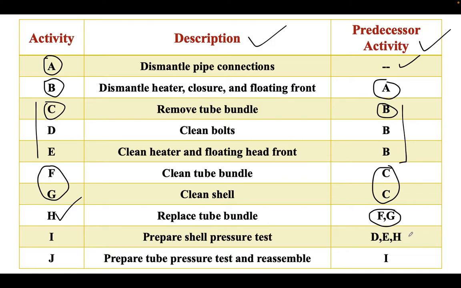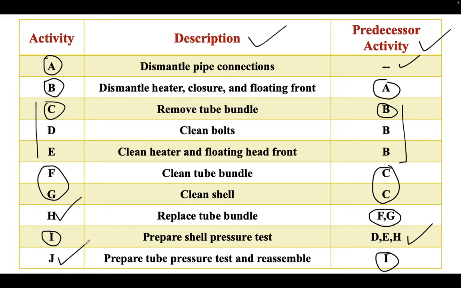Then D, E and H are the predecessor activities for I. Once these three activities finish together, only then can we start activity I. And finally, once activity I is finished, we can start activity J.